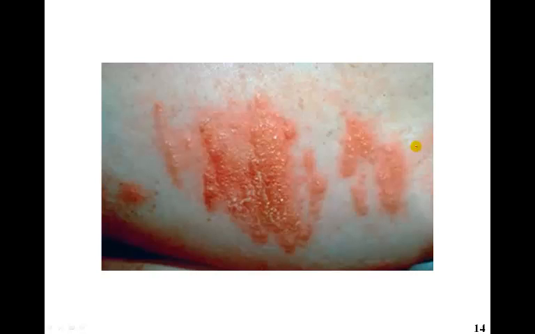So, there are people who just seem to have sort of excessively active basophils, or the inflammatory system overall is too active, and partly that's due to their basophils.